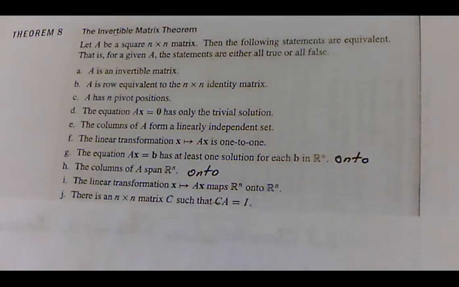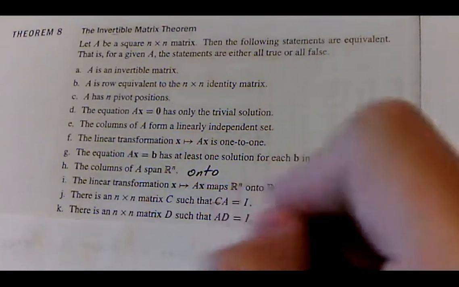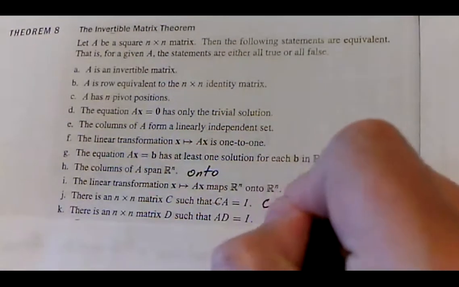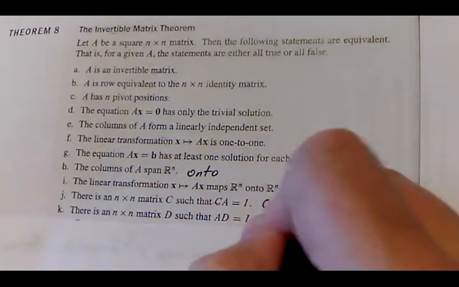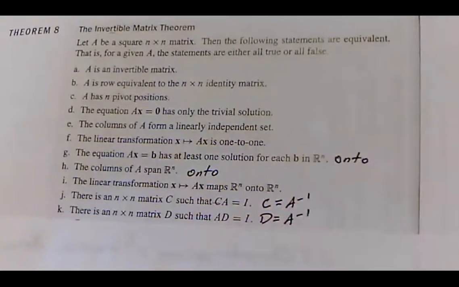Statement 10. Make sure I counted right. Yeah, statement 10, or statement J: there is an n by n matrix C such that CA equals I. And then statement 11 goes right with it: there's an n by n matrix D such that AD equals I. This would mean that C is in fact A inverse, or in this one that D is in fact A inverse.